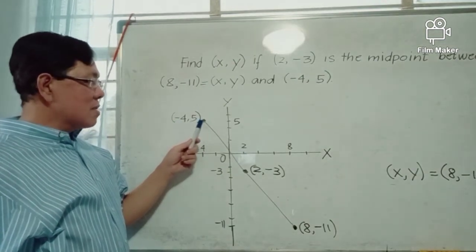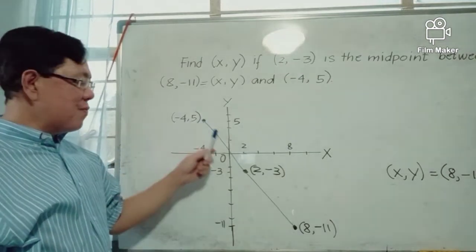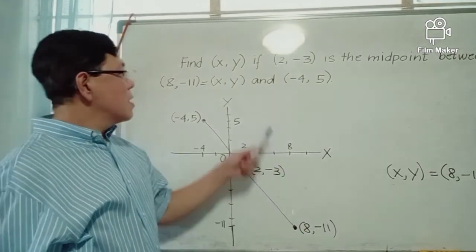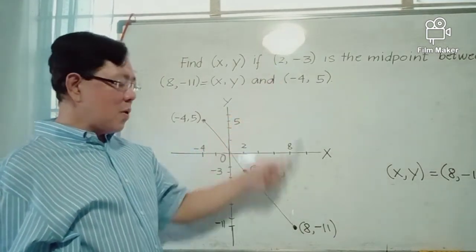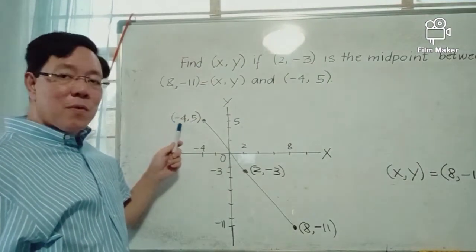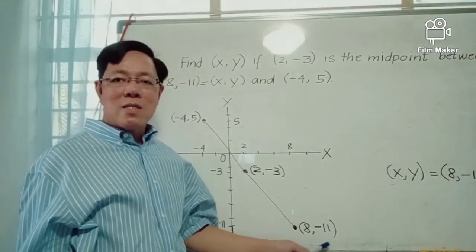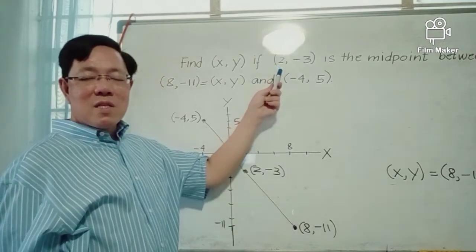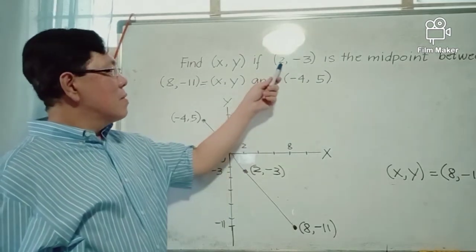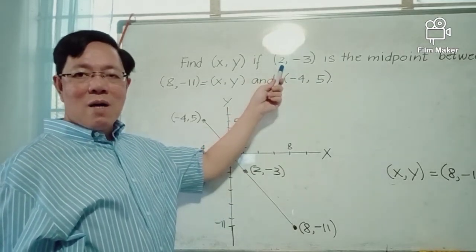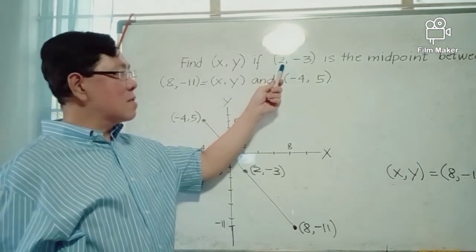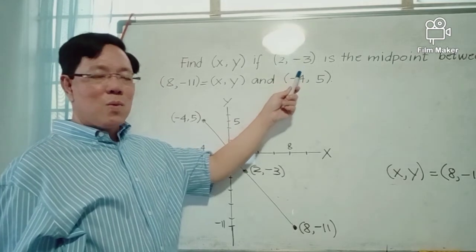We construct the line segment through the point negative 4, 5, and the point 8, negative 11. Now, this point 2, negative 3 is the midpoint of this line segment with these endpoints, negative 4, 5, and 8, negative 11. Hence, when you plot this point 2, negative 3, the point must lie on the line. This means that you count 2 units from the origin to the right of the x-axis, and from there you count 3 units downward.